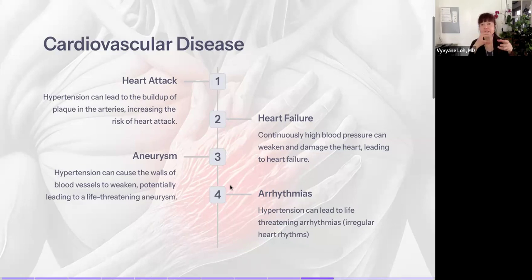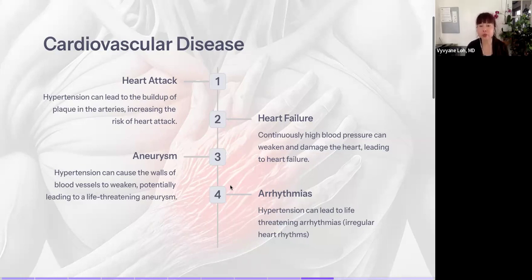And sometimes it can even pouch out and form almost like a little balloon. And we call those little pouchings aneurysms. And if those get big enough, they are at risk for rupture, which means they break. And that would lead to internal bleeding, and it could be fatal. So you don't want to risk an aneurysm if you have uncontrolled high blood pressure.